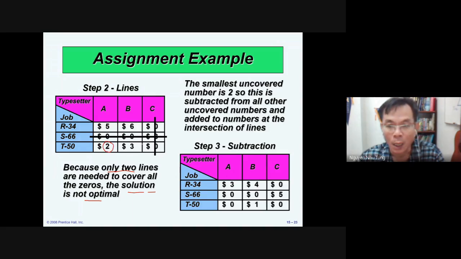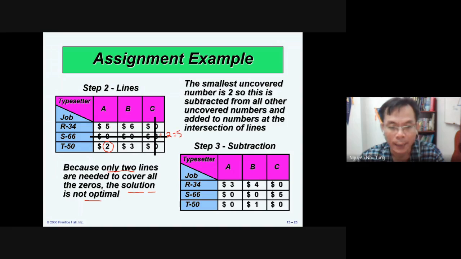And then you add this smallest number to the intersection of the lines. The intersection of the two lines is 3, so 3 plus 2 is 5.